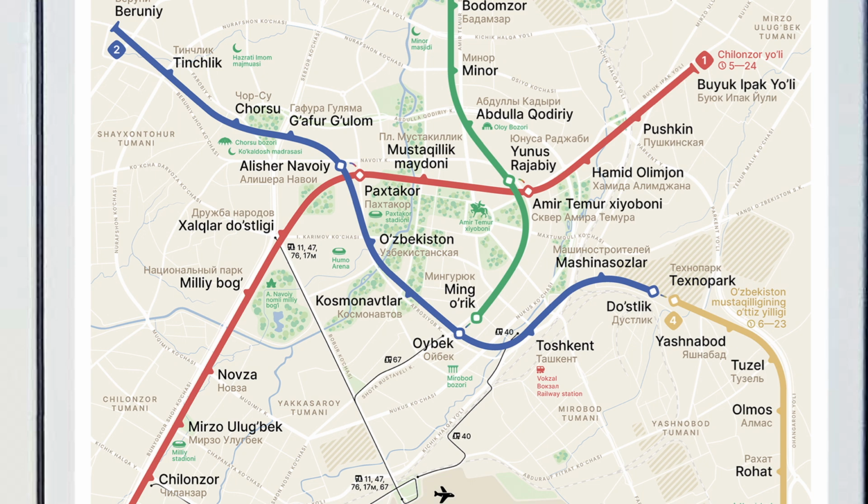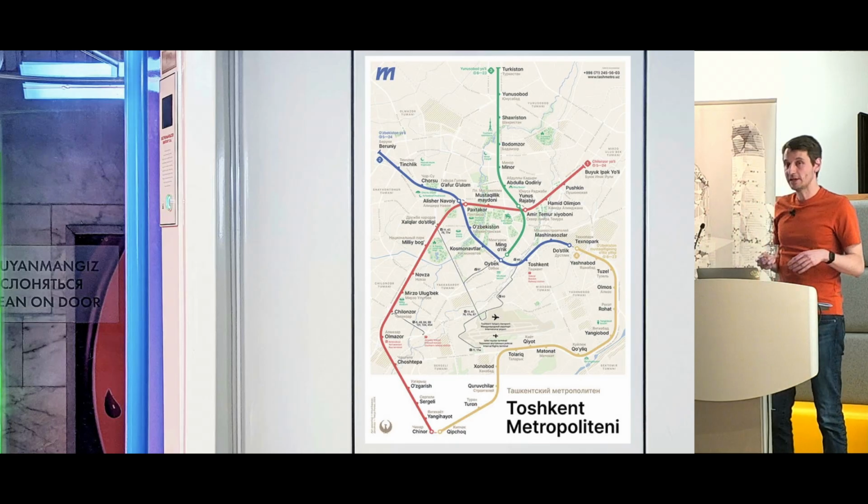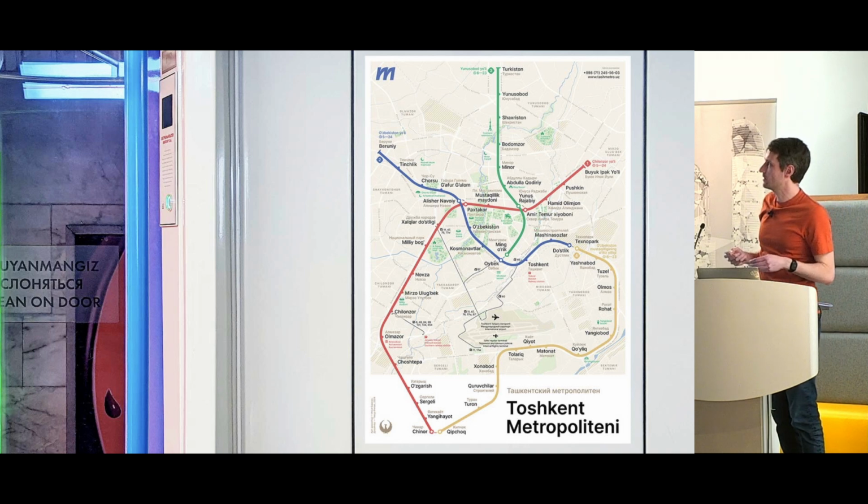So you can see all the streets, all the smallest details of the river, there is everything that can be shown on this map. So if you look at this map, you may conclude that this is a geographical map. And of course, all the station exits are at the intersections that they have to be, or in other places in the city where they have to be. But it is not actually a geographical map.